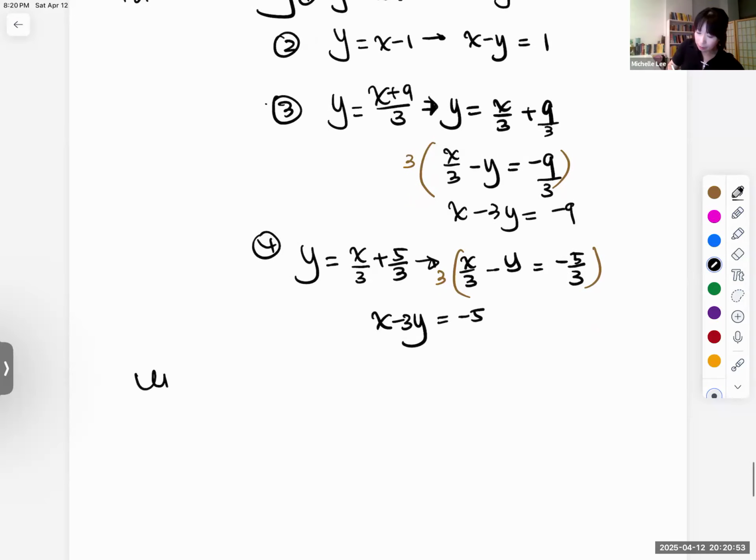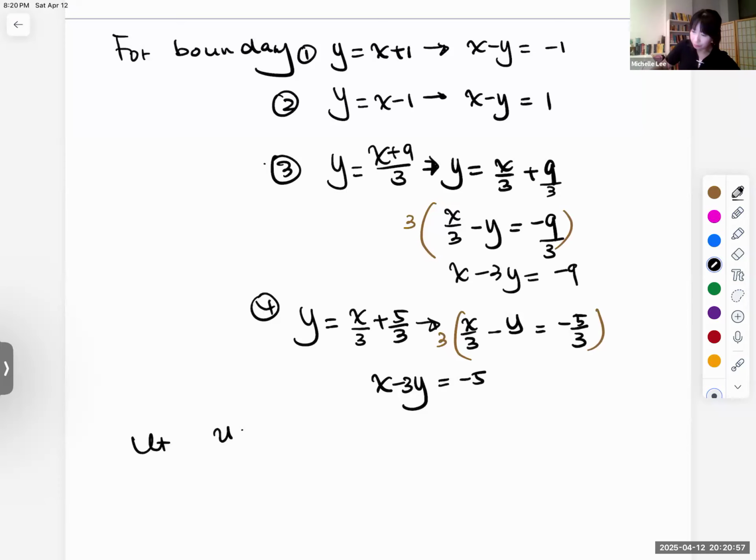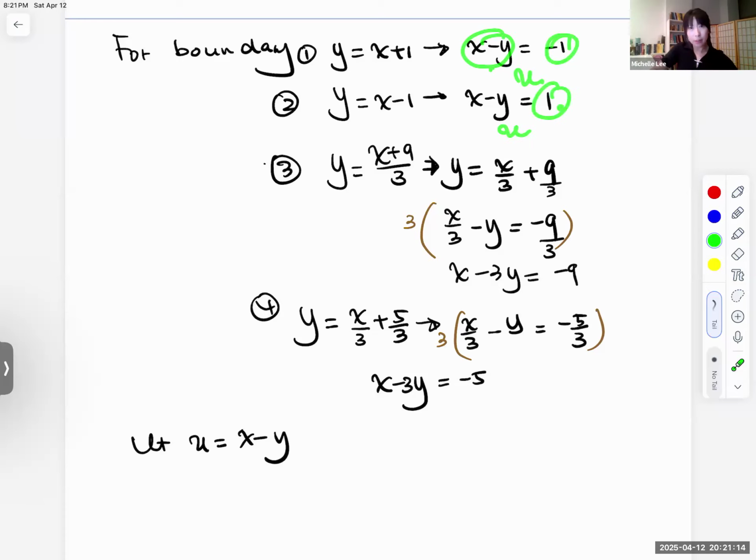So let u equal to the x minus y form. Since we say that x minus y is u, right? Then u is between negative 1 and positive 1. Can you see that? So u is between negative 1 and positive 1.